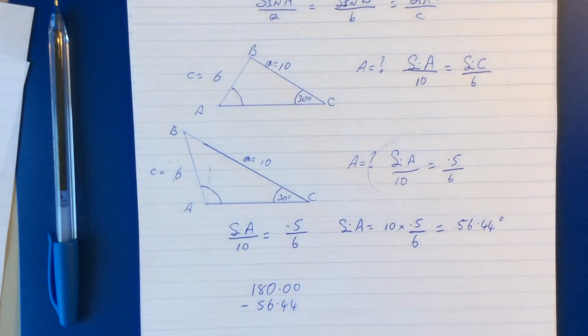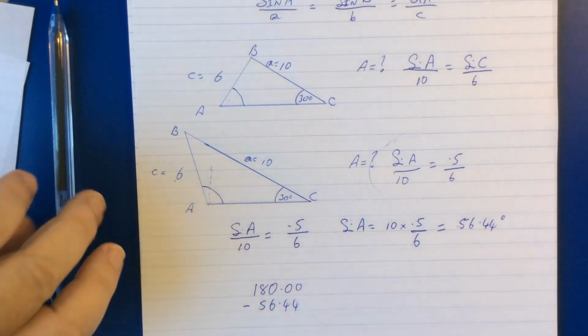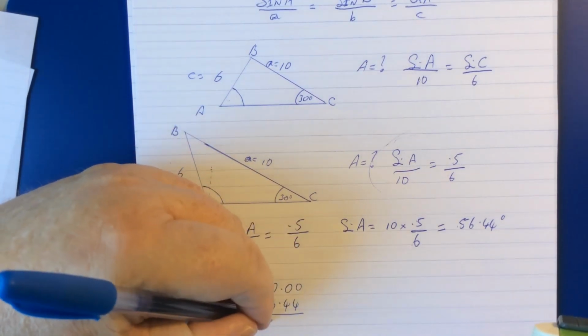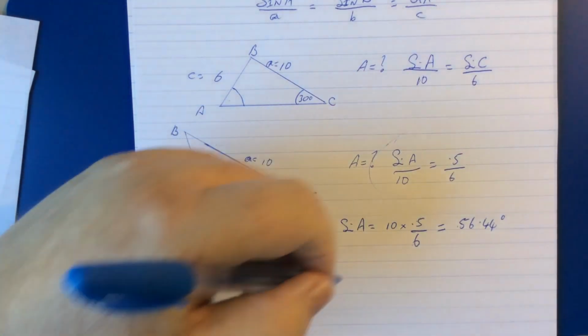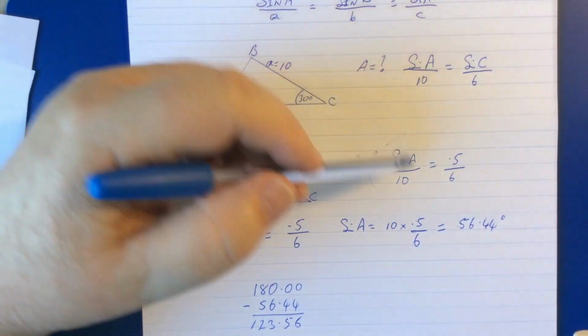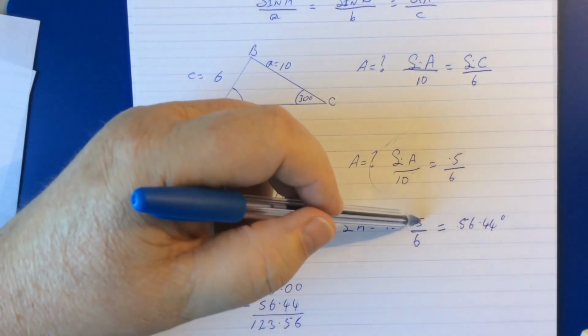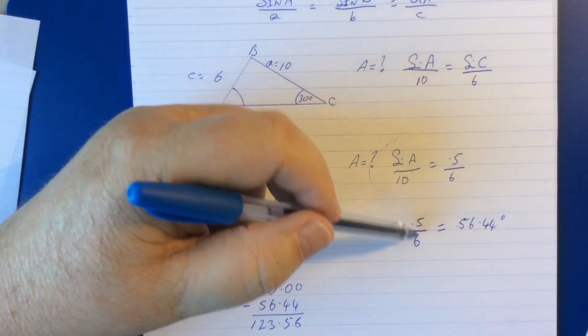So, first thing to do is to work out the difference between 180 degrees and 56.44 degrees. And as I'm doing this on a video, I don't want to make a mistake, so I've used a calculator. 123.56. Okay, now we know that according to this and according to this, the sine of A is 10 times 0.5 over 6, which is 5 over 6.